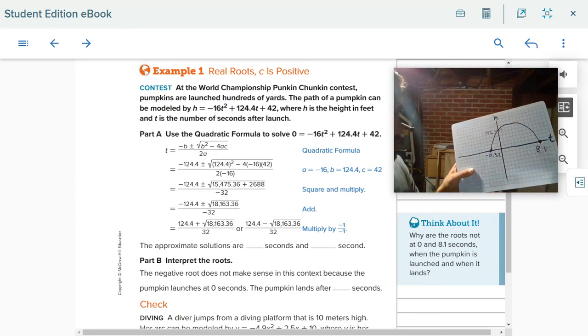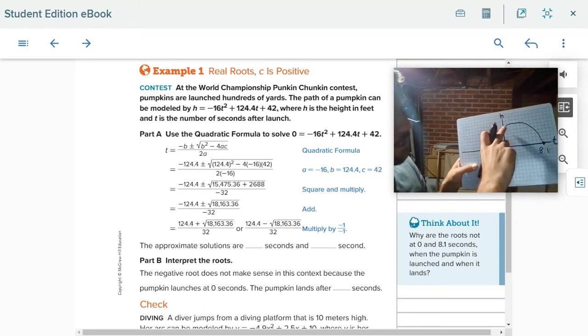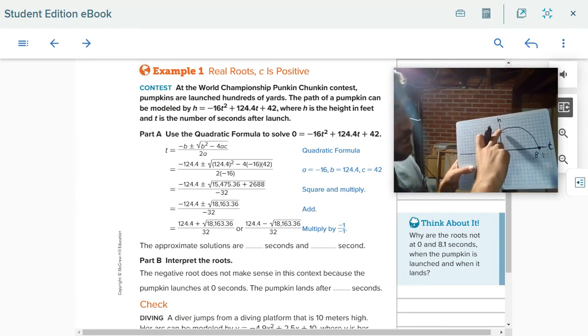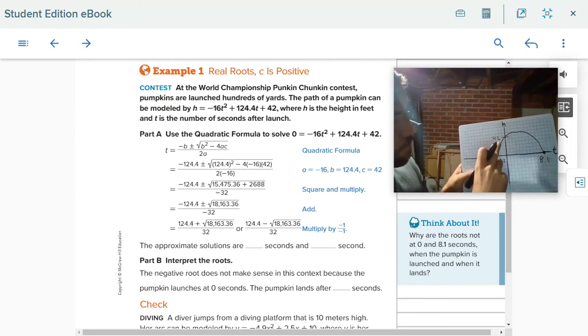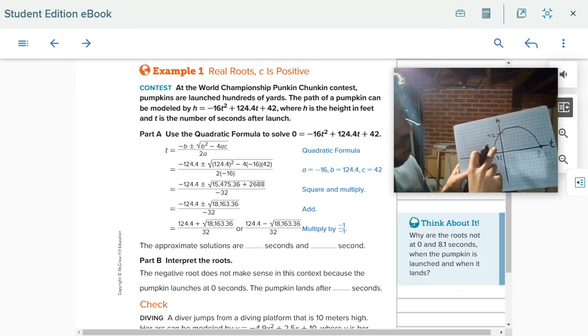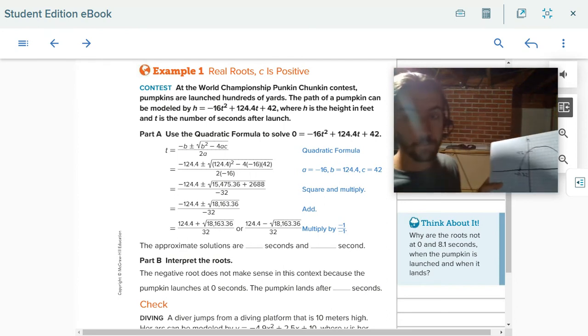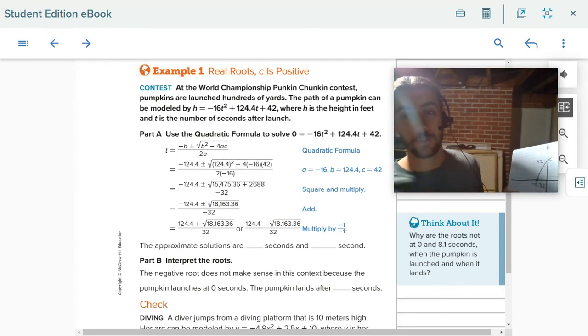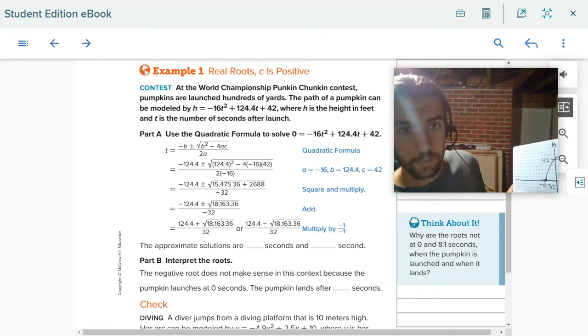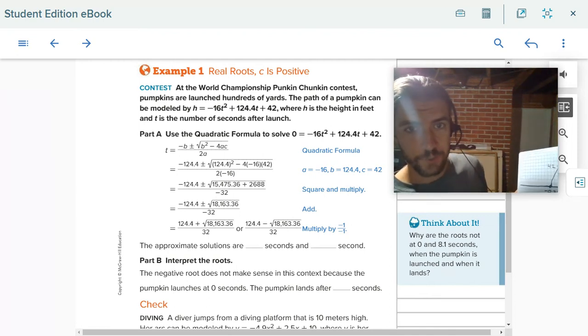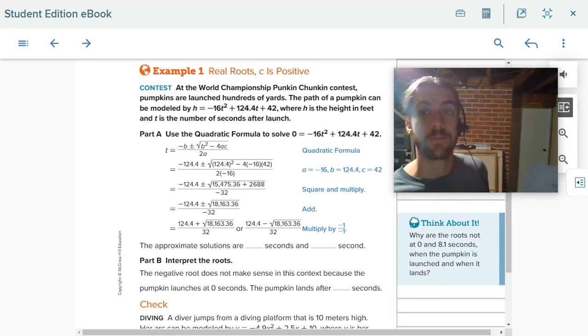Okay. So this pumpkin must have been launched at a height of 42 feet, right? We're assuming that this portion of the graph on the left doesn't really mean anything because we would assume that we were measuring this situation where at time equals 0, as the question says, where t is the number of seconds after launch.